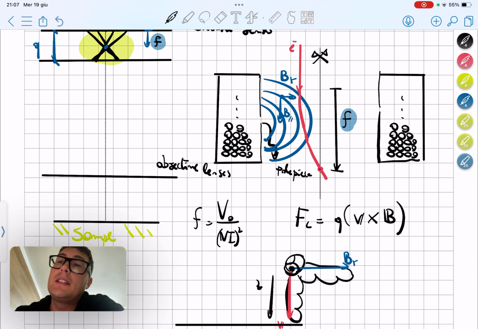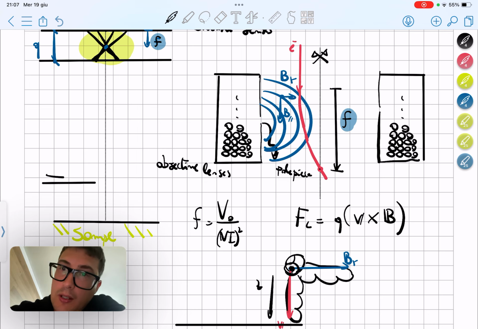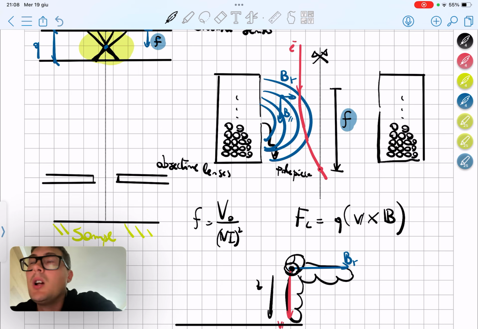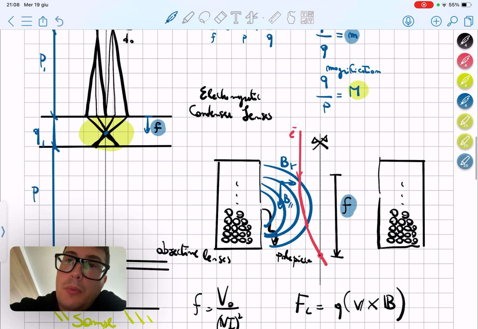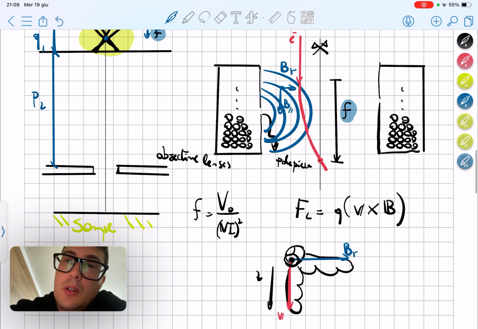So what's happening here is we have these objective lenses. Essentially their goal is to focus the beam onto the sample, so it's a very important, delicate task. They can provide some further magnification, of course, but their task is to provide, let me put some prime, P2.